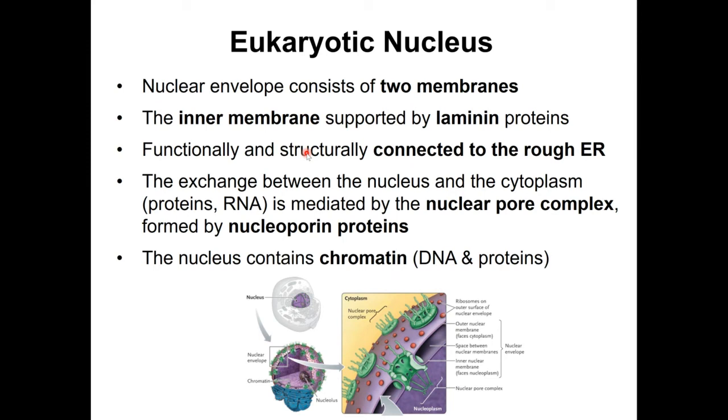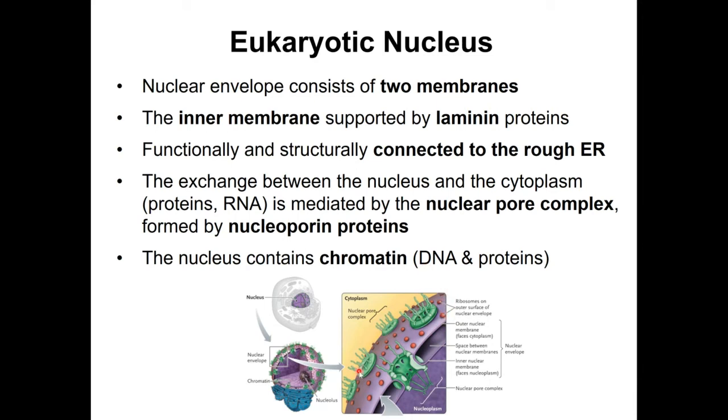Then the RNAs move from there into the cytoplasm where translation takes place. It's formed by two membranes which have a lumen inside, which is in continuity with the rough endoplasmic reticulum. In fact, the double membrane looks like the rough endoplasmic reticulum you see later on, and it has ribosomes attached to it.